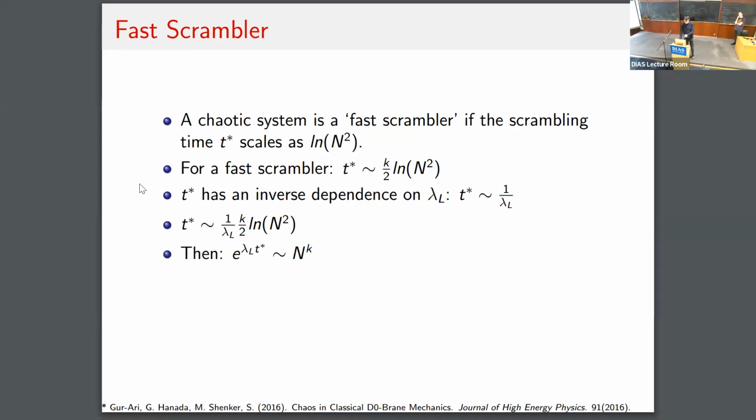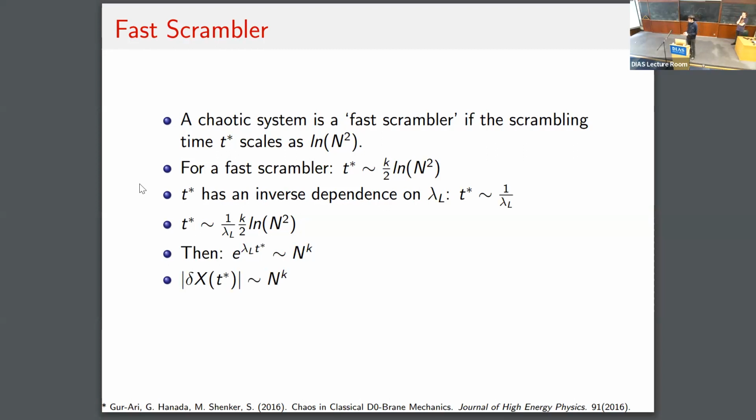And we have this e to the lambda L times the scrambling time, and if you remember from the equation that governs chaotic systems, this scales the exact same as delta x of t. So now we find that for fast scramblers, delta x of t, k is any constant. We don't know what k the Lagrangian chooses for the system, but if the system obeys this for any k, then it is a fast scrambler.